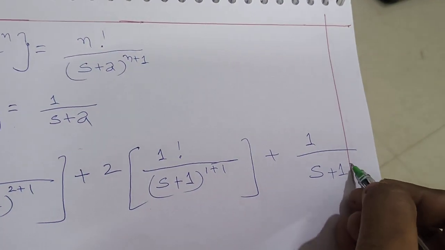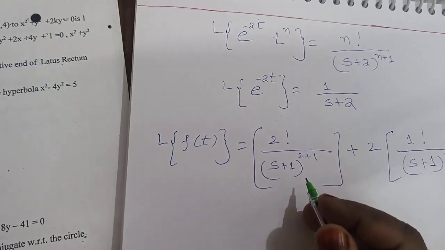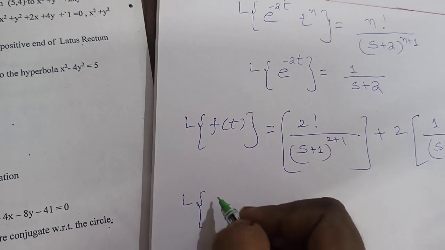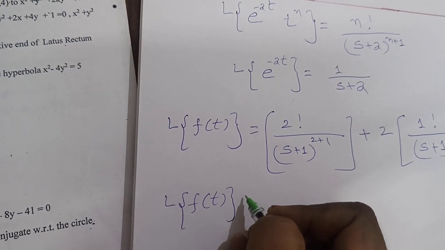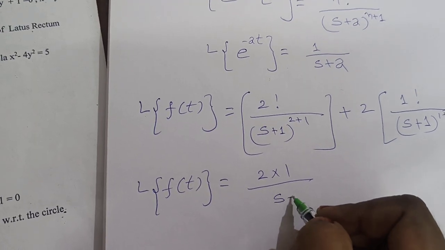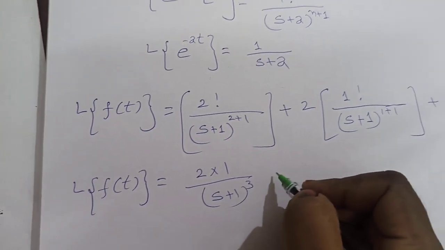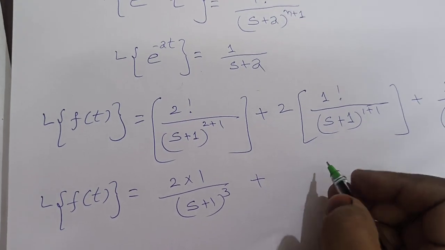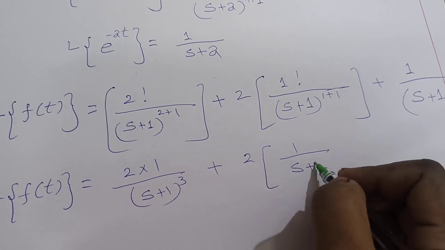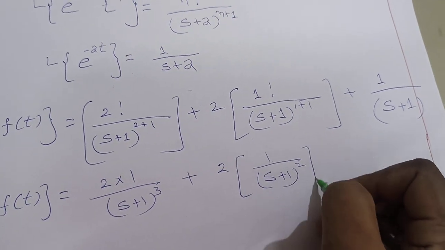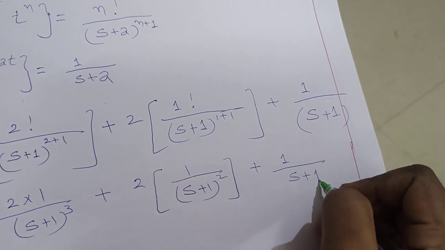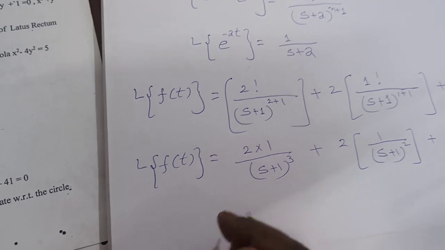Now 2 factorial, we will write in reverse order, 2 into 1. L of f of t is equal to 2 into 1 by s plus 1 whole to the power of 3, plus 1 factorial is also 1, so it is 1 by s plus 1 whole square, plus 1 by s plus 1. 2 ones are 2.